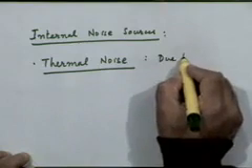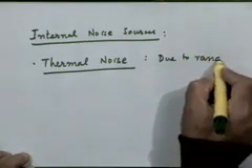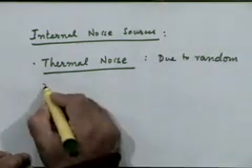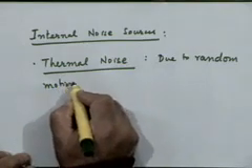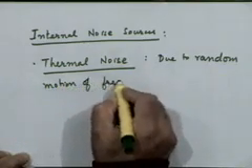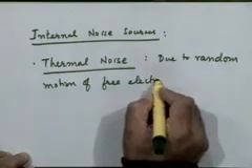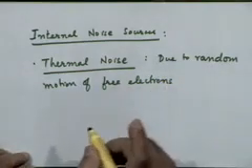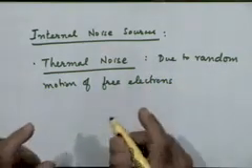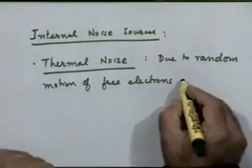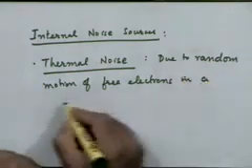So this is one kind of internal noise. This is due to random motion of free electrons. Of course, it is random motion of free electrons, not all electrons, in a conductor or semiconductor.